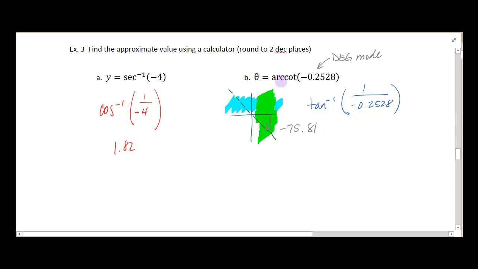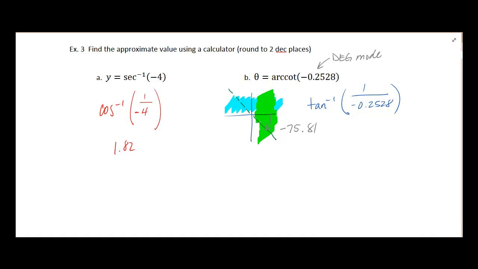I'm being asked to find the inverse cotangent, however, and it lives up here in quadrant 2. Now how do I get from quadrant 4 up here to quadrant 2? Notice that these are just rotated by 180 degrees, right? So if I were to add 180 degrees to this angle right here, it would rotate me right up to quadrant 2.